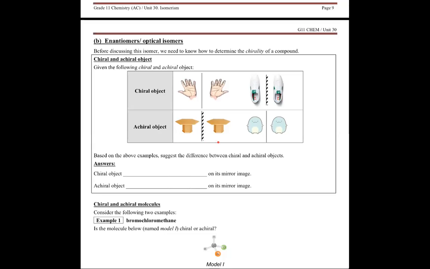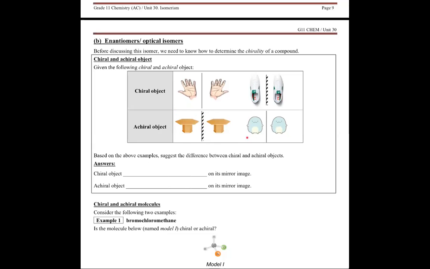However, we have two more examples here. For the first one, when you take the mirror image of that object, you can put it on top of the original one, and you can see all the parts of the mirror image match the position on the original photo. So for this kind of object, we say it's superposable.